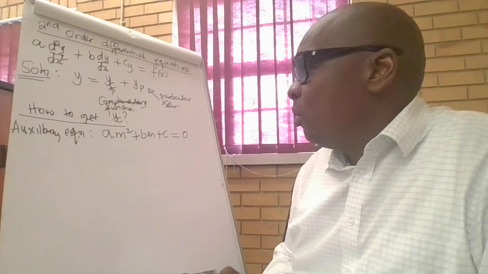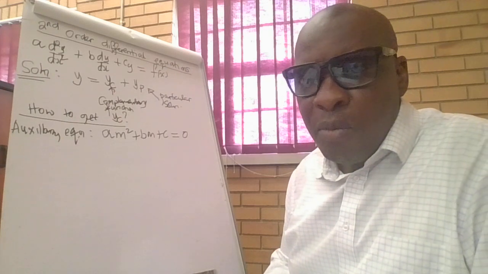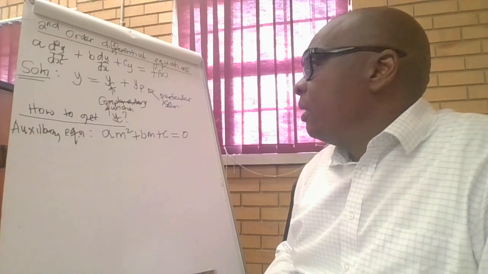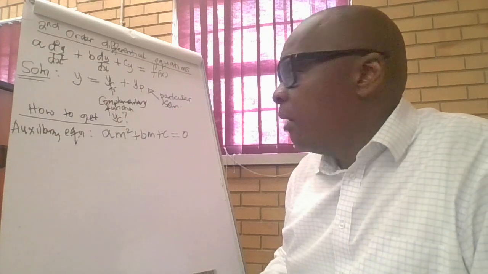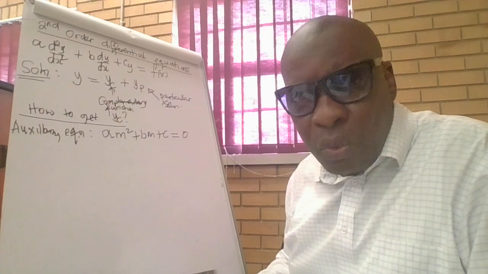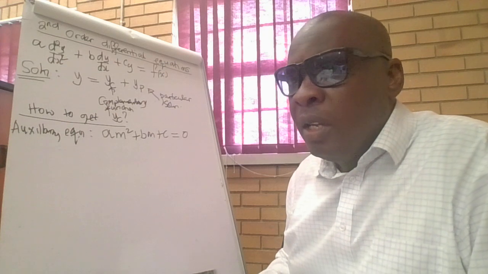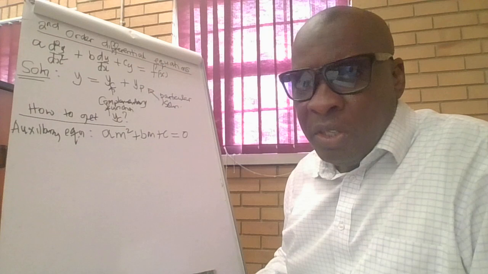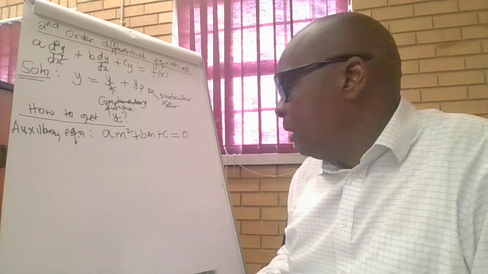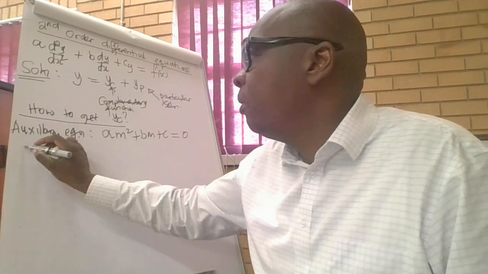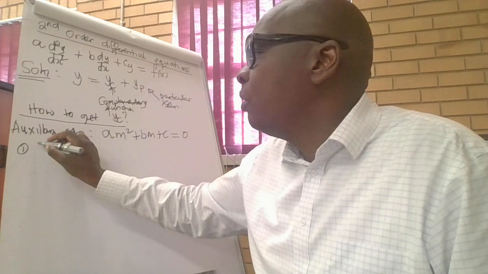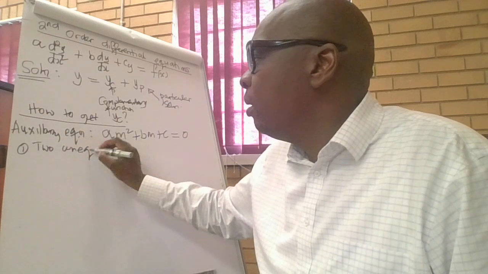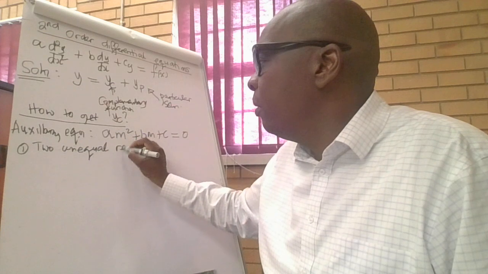You can see that this auxiliary equation comes in the form of a quadratic equation. The next thing, after getting the auxiliary equation, is to solve it. Being a quadratic equation, number one, we can get two unequal real roots.